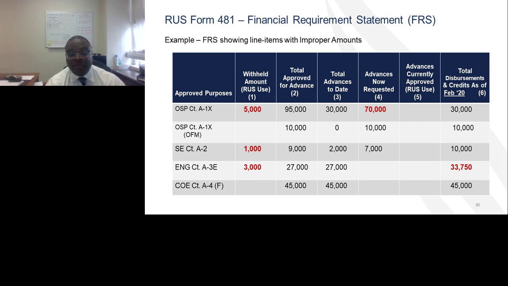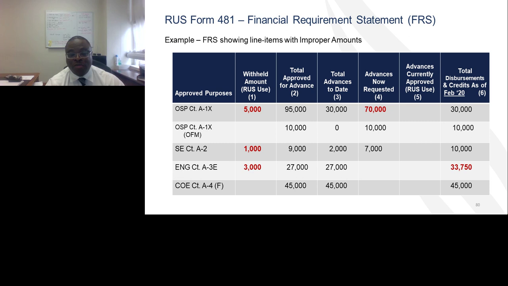In this example, column 3 shows the awardee has already drawn down $30,000. And column 4 is where the awardee puts the amount that's been requested. As you can see, the awardee is requesting $70,000 in this example.